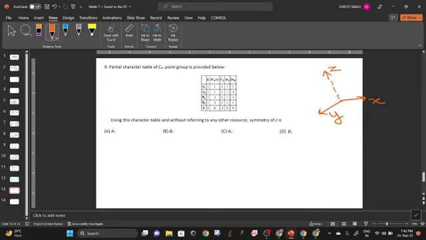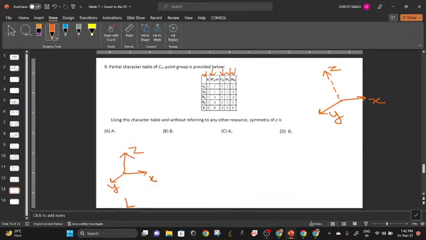Okay, so let's see. First we need to go by operations. So like this, we will move. So first is identity. Under the identity operation nothing will happen because identity does nothing, so Z will remain Z itself.